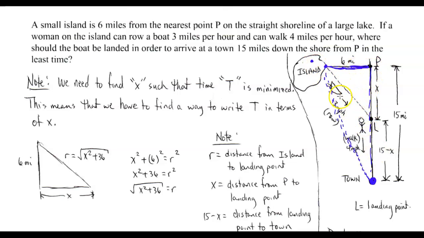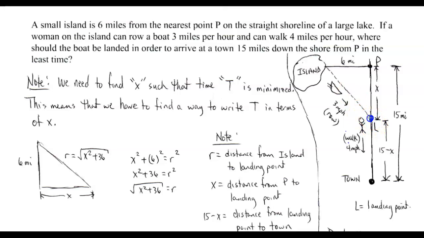And so what she wants to do is find the happy medium in between, to where she does just enough rowing of the boat and just enough walking to get there as fast as possible. That is essentially what this problem is about. What we want to figure out is at what landing point she has to be in order to get to town the fastest.